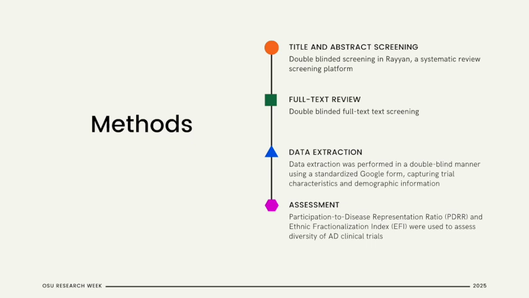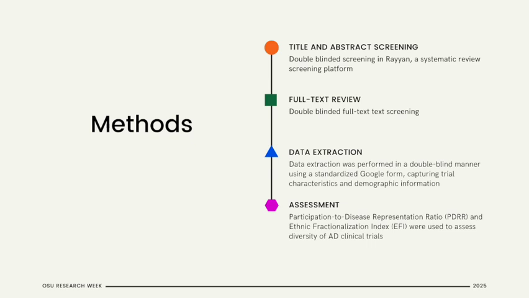Participant diversity was then evaluated for each study using the clinical trial diversity rating framework previously employed by Agbula and Wright. To assess the diversity in atopic dermatitis clinical trials, we used the participant to disease representation ratio, also known as PDRR, and the ethnic fractionalization index, EFI.